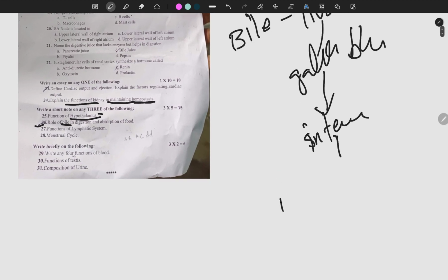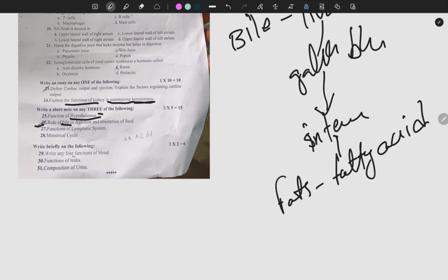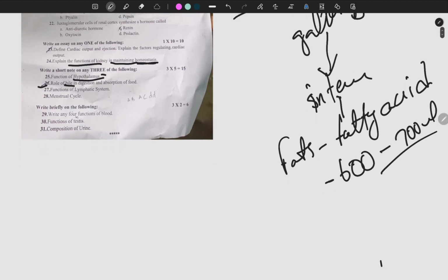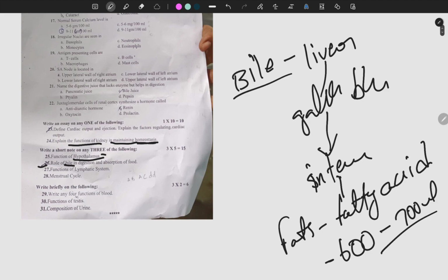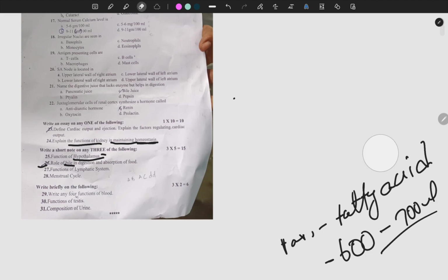It breaks down the fats into fatty acids, so that the body can absorb them. So this is the function of bile. How much bile is secreted in the body? About 600 to 700 ml of bile can be secreted each day. So like that you have to write about the function of bile in digestion.